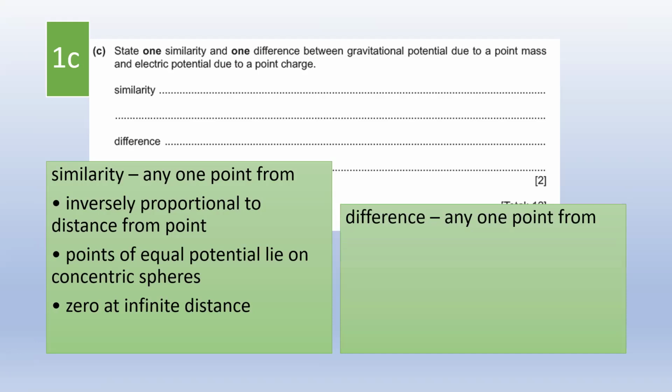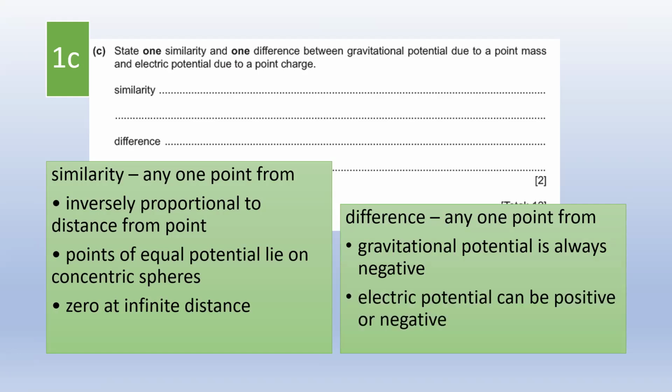Difference: gravitational potential is always negative, while electric potential can be positive or negative. Okay, good.